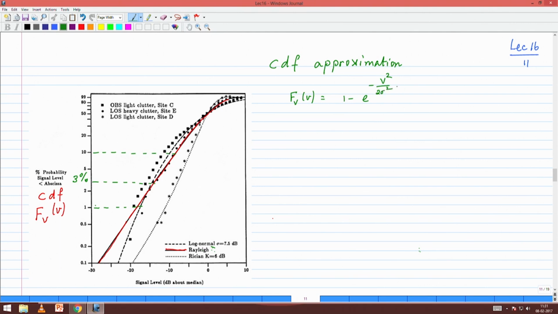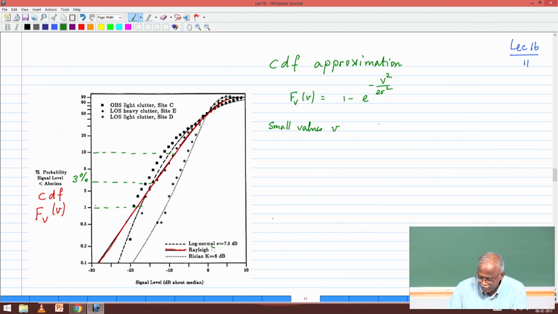This is the expression that is given to us. Now, for small values of V, then V squared by sigma squared also is small. So therefore, we can approximate this F_V(V), doing the series expansion of e power minus x, as approximately V squared by 2 sigma squared.